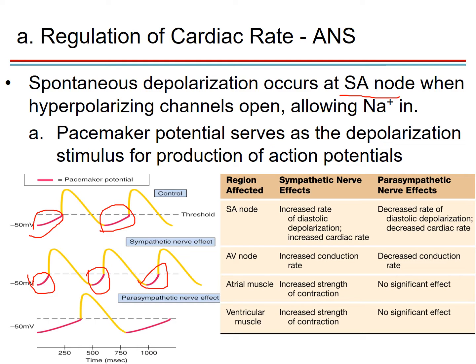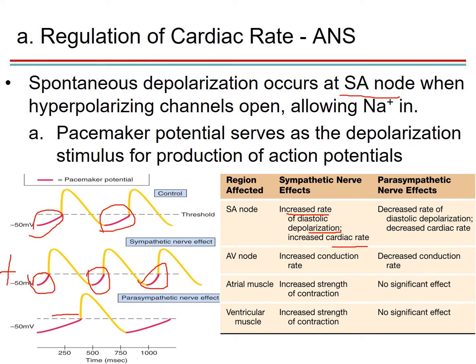And so we have a calcium-induced calcium release that increases the rate. The sympathetic nerve effect is going to have a positive chronotropic effect because it increases the rate of depolarization and also of the heart rate.